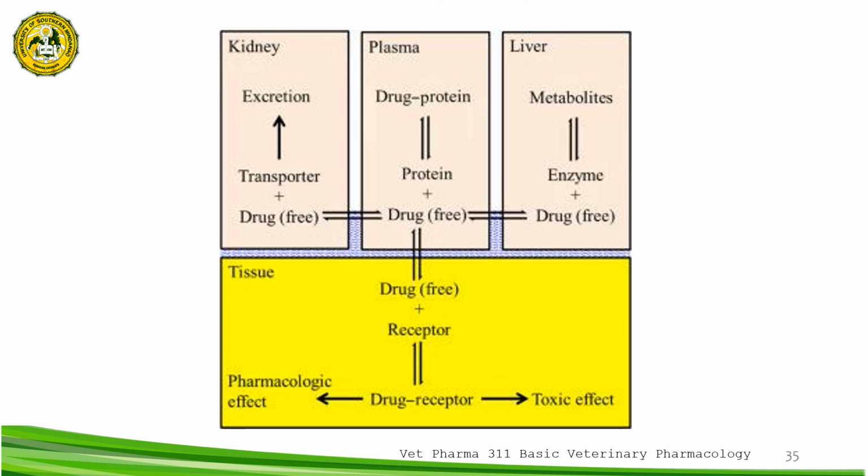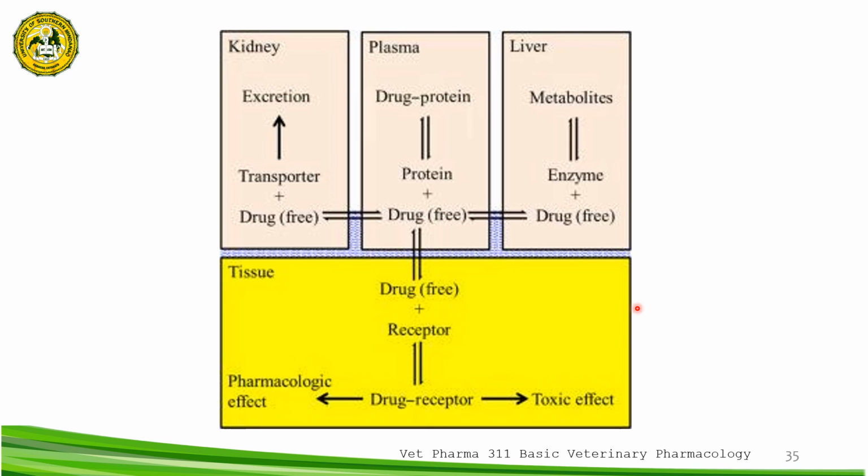What is the significance of the binding of the drug to plasma proteins? The binding of the drugs to plasma as well as tissue proteins has significant consequences on both the PK and the PD of the drug, because only the free fraction of the drug can freely diffuse across the membrane to different tissues of the body.